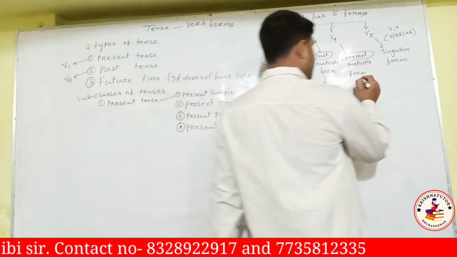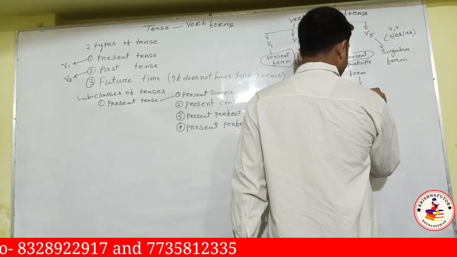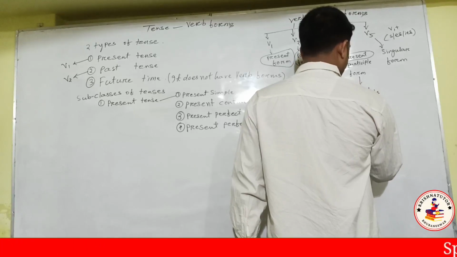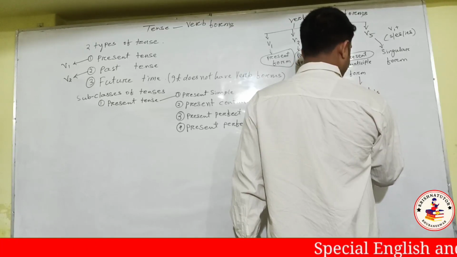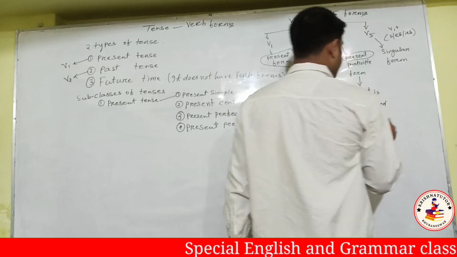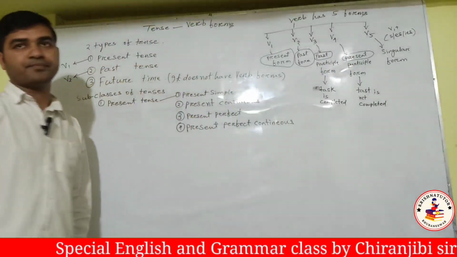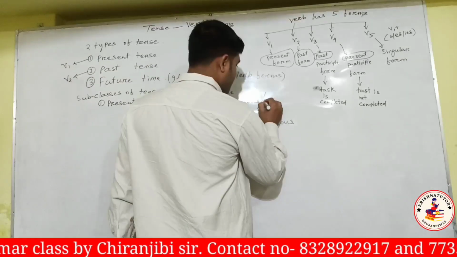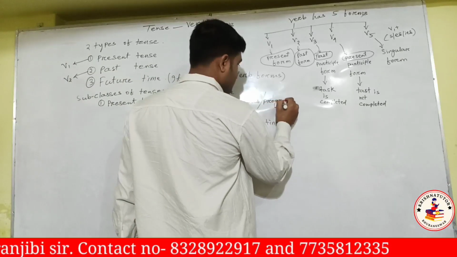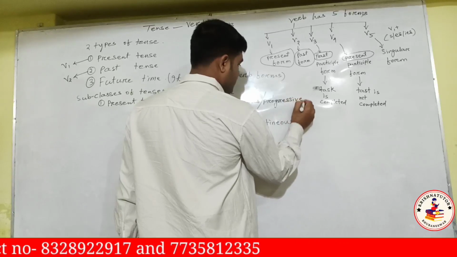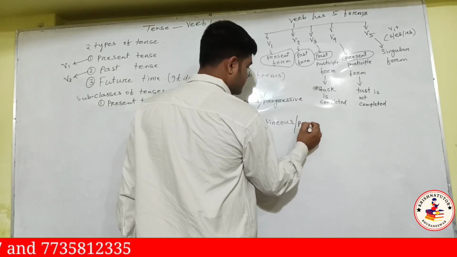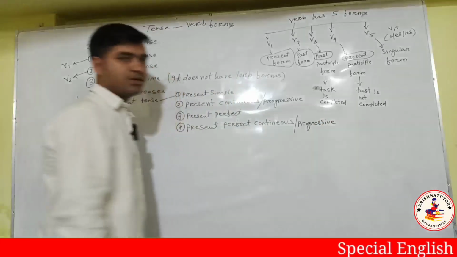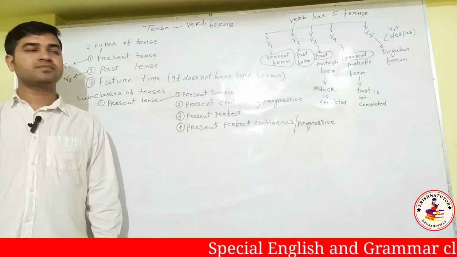If the task or action is not completed, then we need to use V4. What is the other name of continuous? It is progressive. The other name of continuous is progressive.